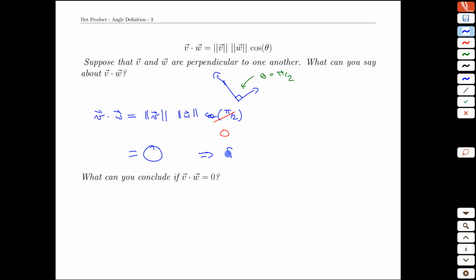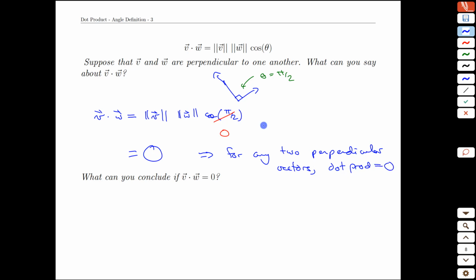And so that tells us for any two perpendicular vectors v and w, the dot product is equal to 0. Let's put the product in there. All right. So that's an important feature.